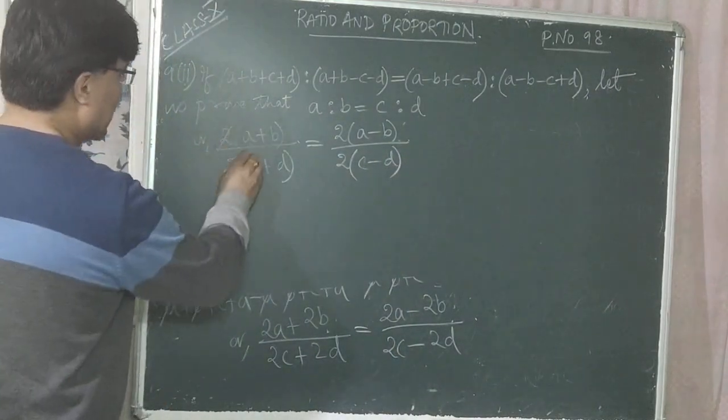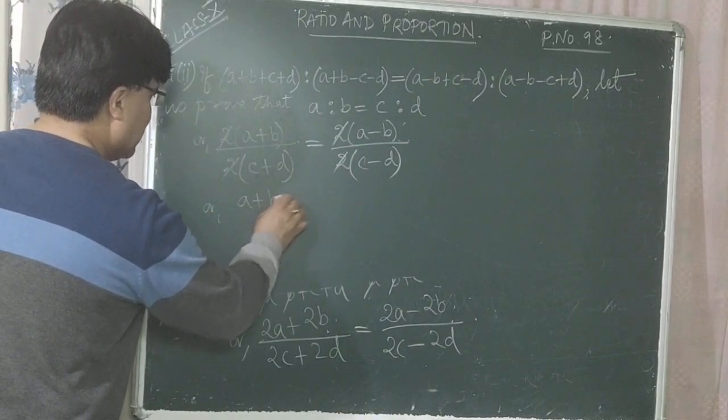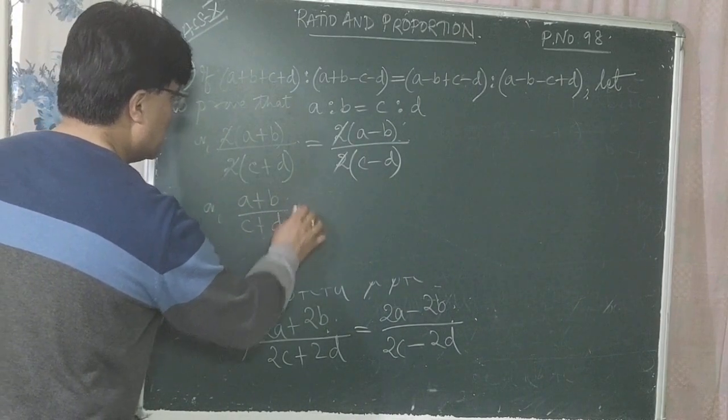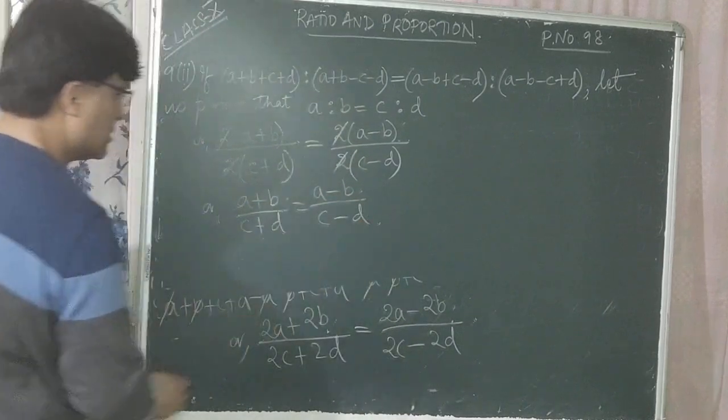So here 2 gets cancelled. So what do we get? A plus B divided by C plus D is equal to A minus B divided by C minus D.